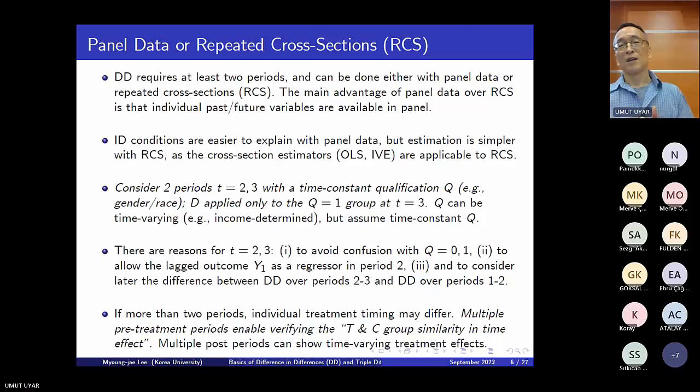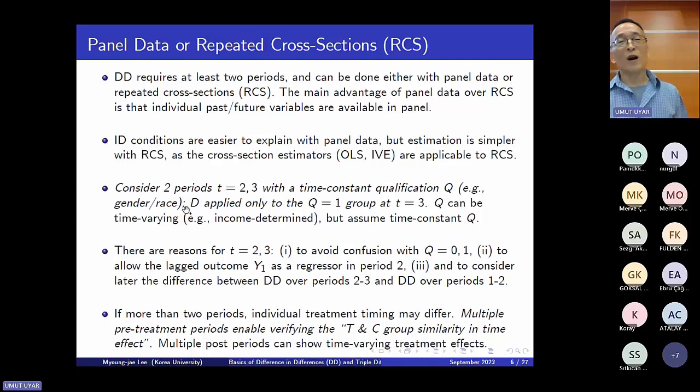That is, when you see an effect, it may be due to the treatment itself, or it can also be due to a change in Q over time. So I'll address time varying qualification in my second lecture on Monday. Okay. So today I'll just assume constant Q.